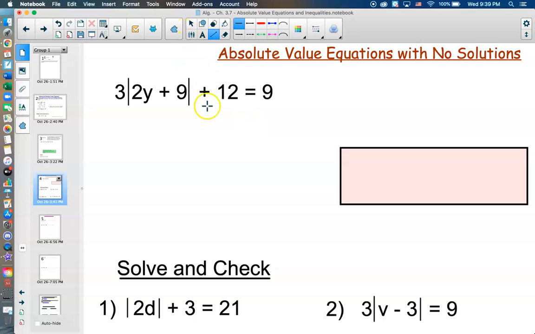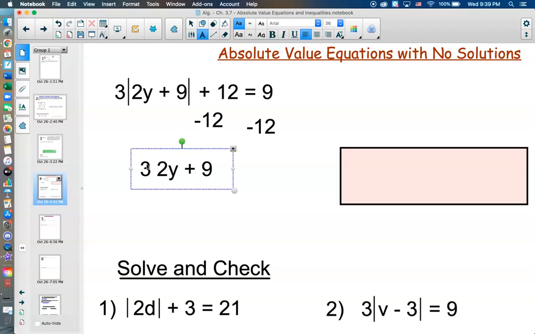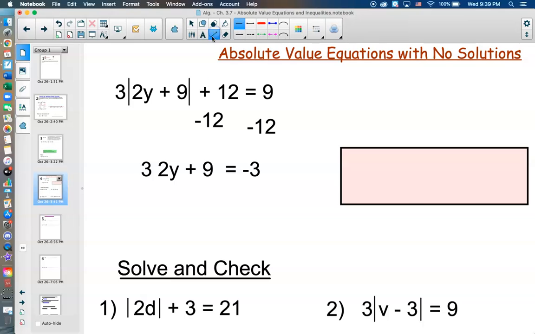All right. So I can actually show you that with steps. So we'd subtract 12 from each side. And then we'd end up with 3 times the absolute value of 2y plus 9 is equal to negative 3. Sorry, I have to draw the lines in later, can't type them in.